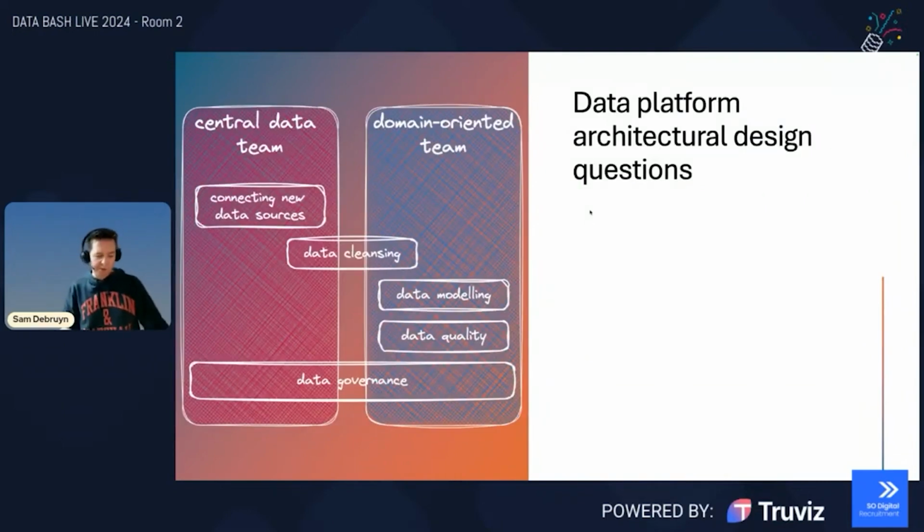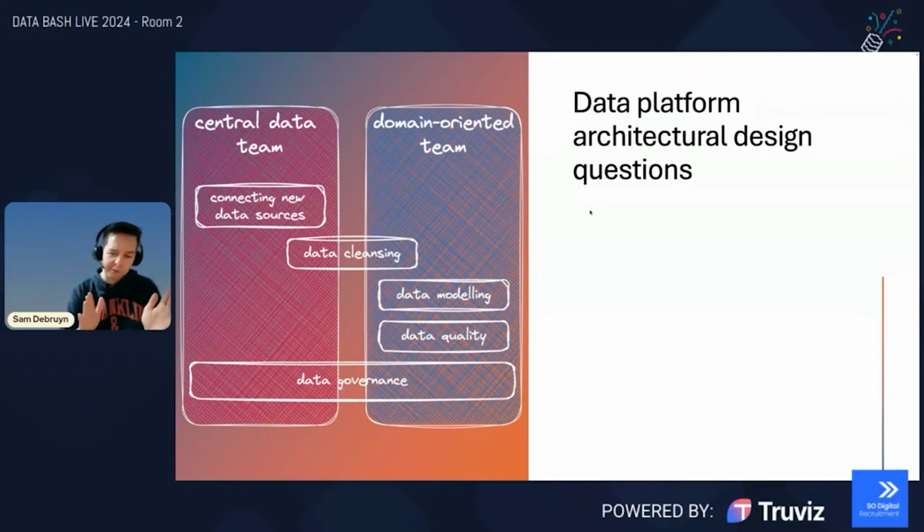Then the question becomes, how do we bring these concepts together a bit? Because we saw on the one hand now the medallion architecture, where we have all those different layers, and the data in there is structured in certain levels of quality.